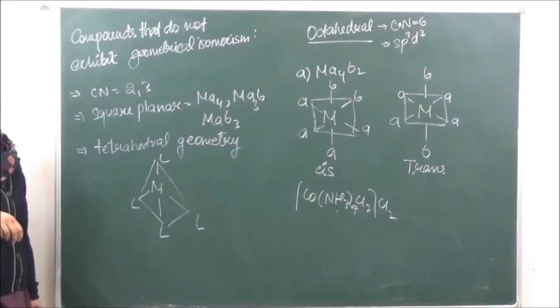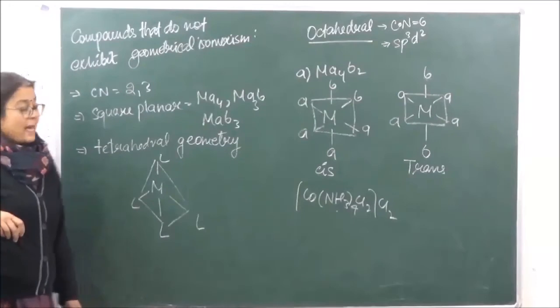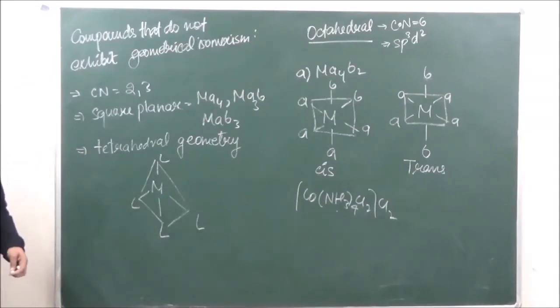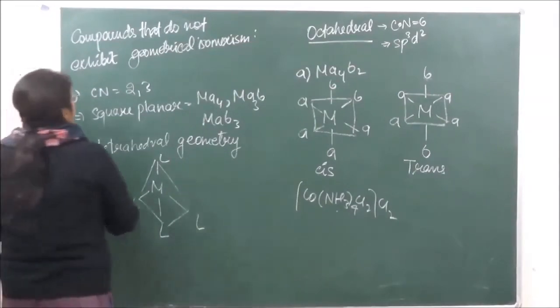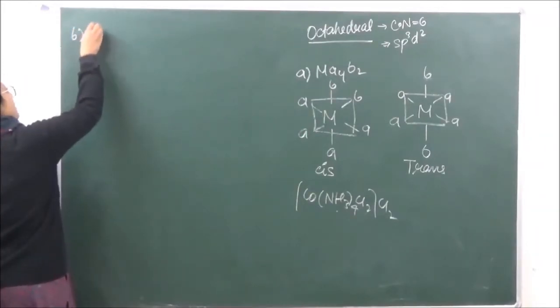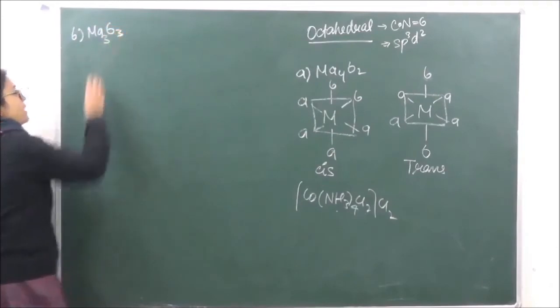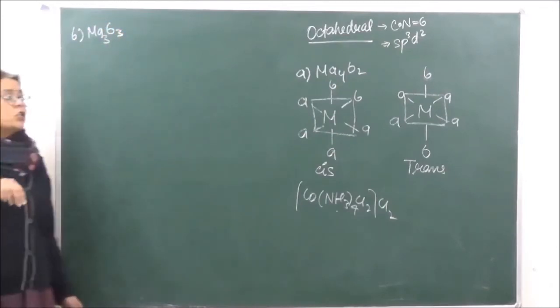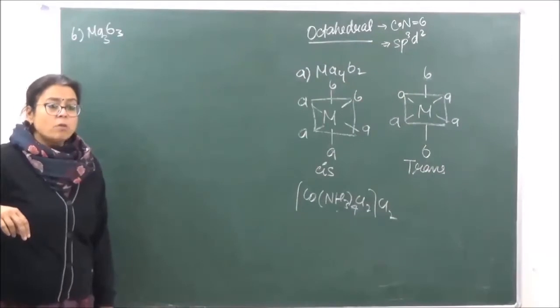Then we have the second type of complexes, which is Ma3B3. When we are talking of Ma3B3, compounds of this type do not show cis and trans forms.